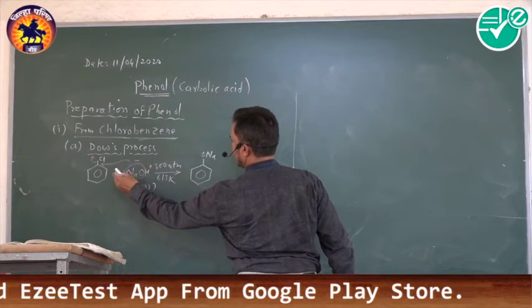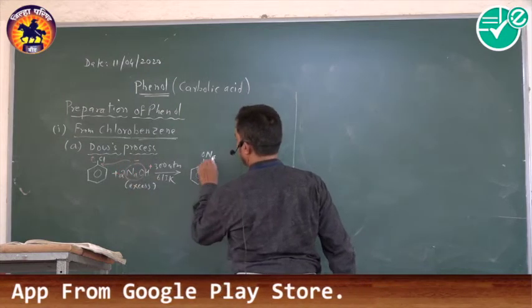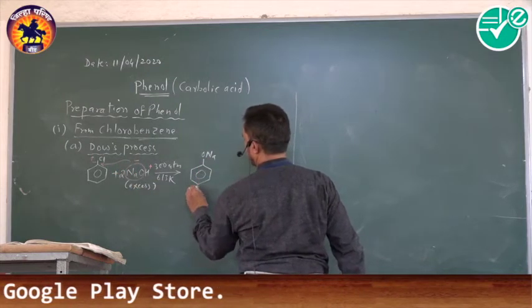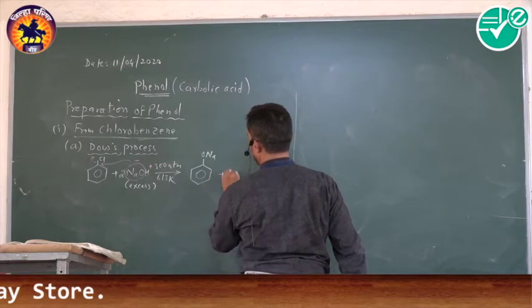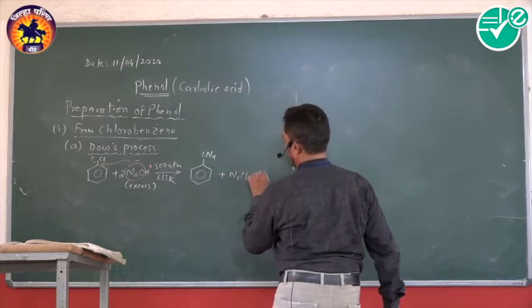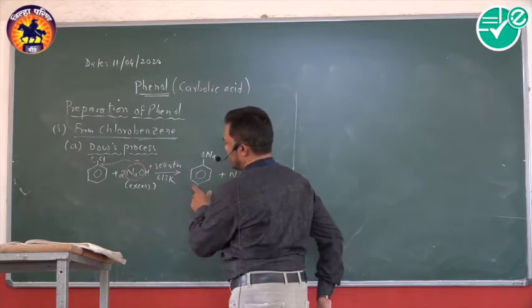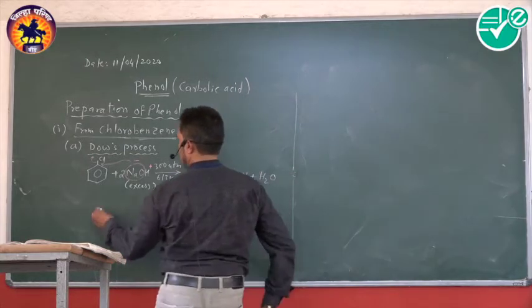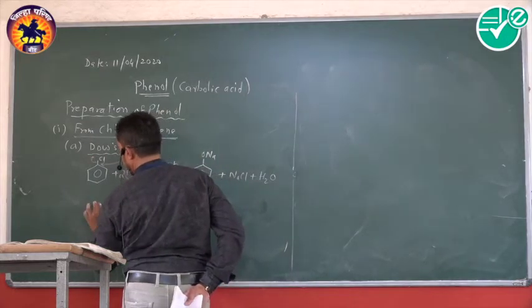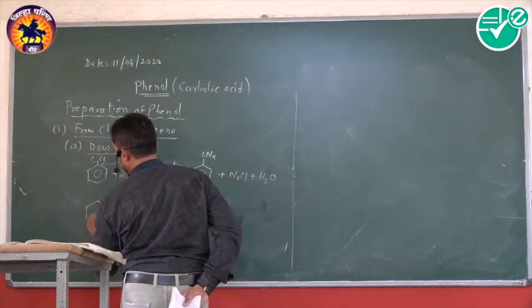Here two molecules are used up. We have sodium phenoxide formation plus sodium chloride and water molecule. In the first step, sodium phenoxide is formed; later it is treated with dilute hydrochloric acid to undergo acid hydrolysis.